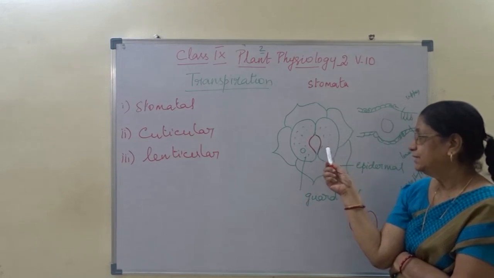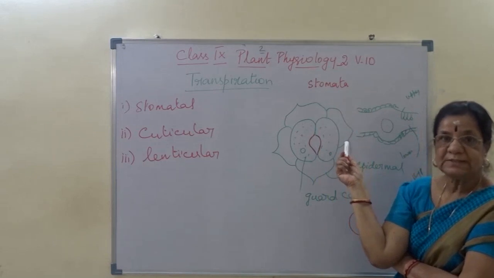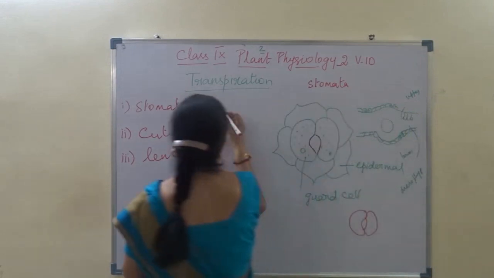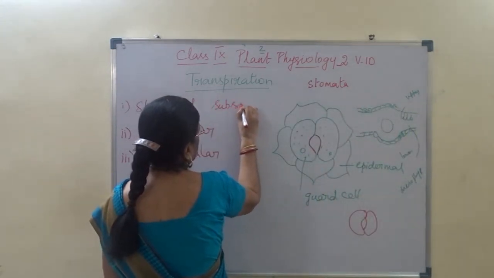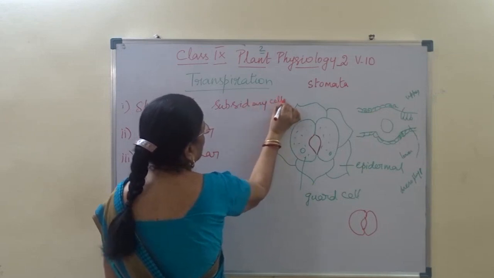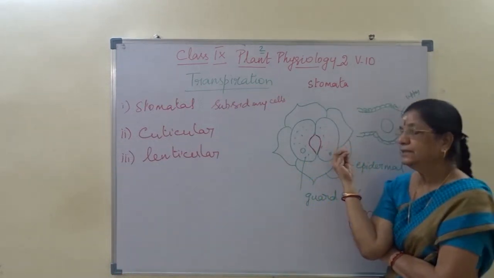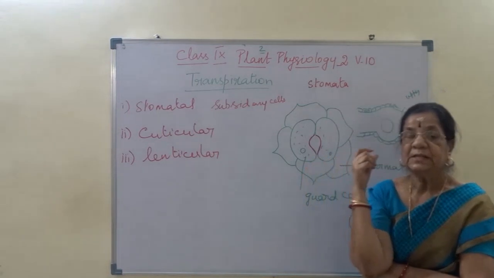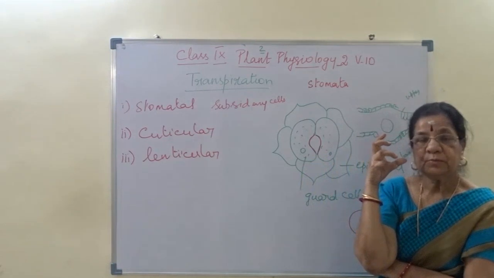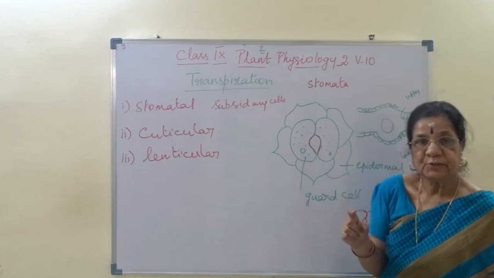It has nucleus and cytoplasm. And surrounding the guard cell, it is called epidermal cell or subsidiary cells. By opening and closing of stomata, it is said that for opening of stomata, more potassium ions from the guard cells are utilized.